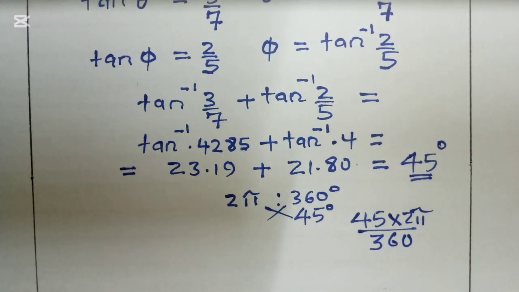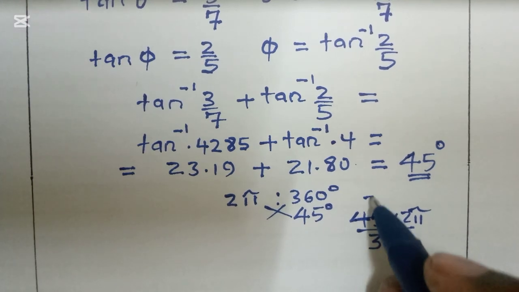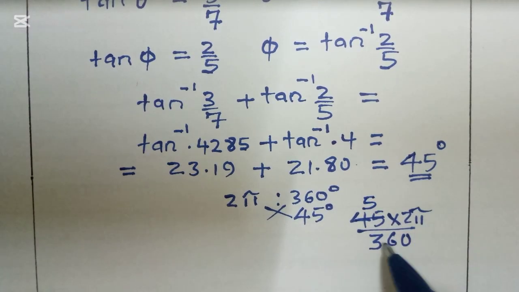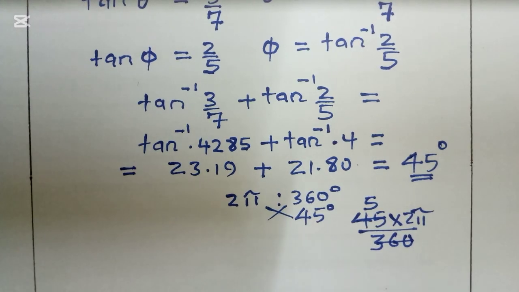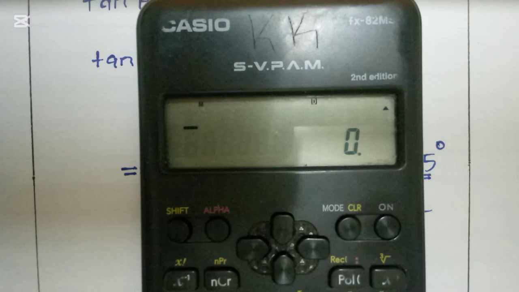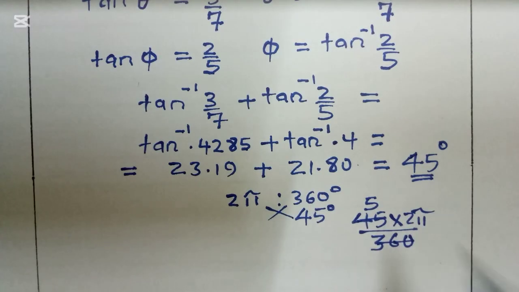Dividing by 9, 45 becomes 5 and 360 divided by 9 gives us 40.